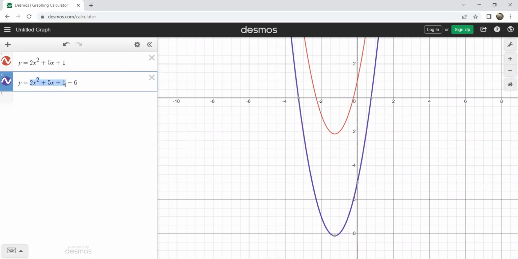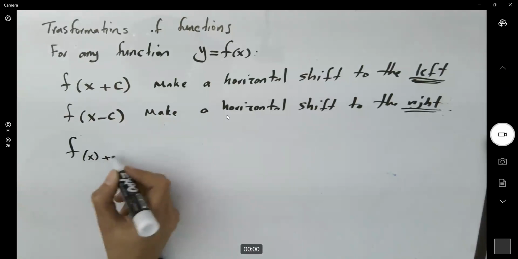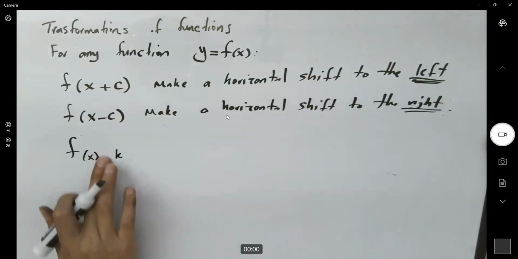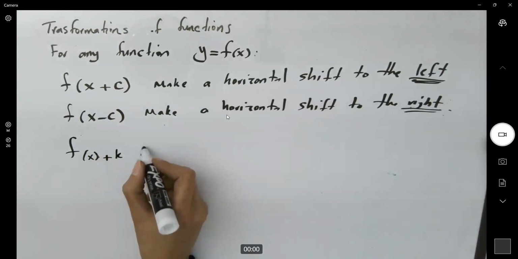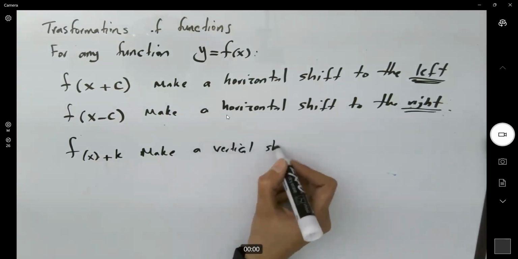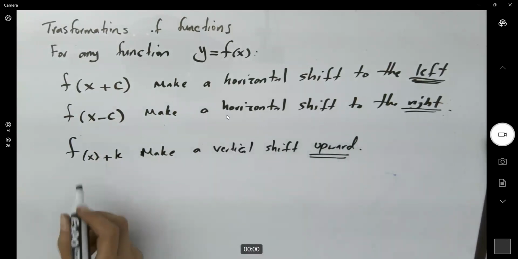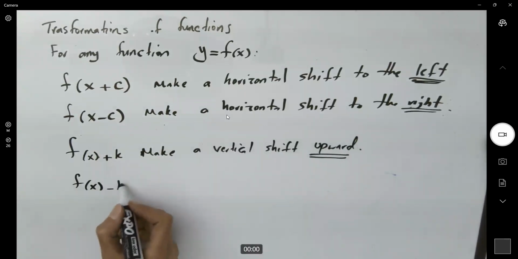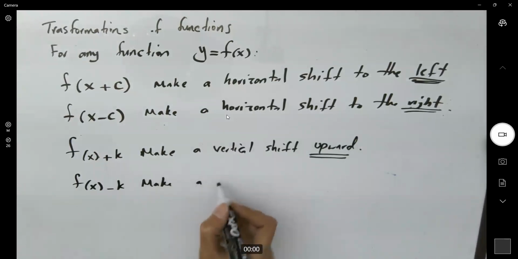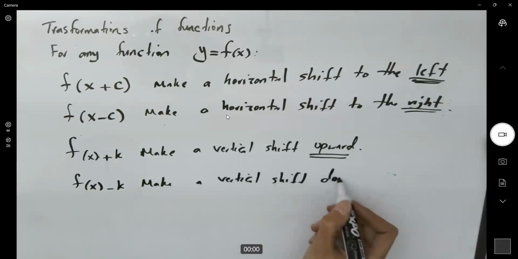Add and subtract to the expression on the right-hand side. So what is our observation then? F of x plus a number like k makes a vertical shift upward. And f of x minus k makes a vertical shift downward.